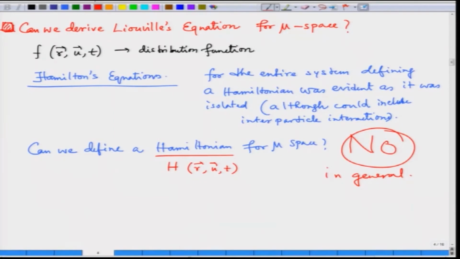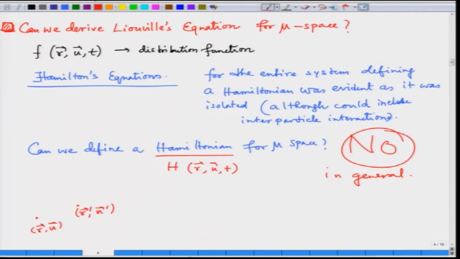Well, now try to think of a particle at r and u interacting with another particle at r prime and u prime. Those two particles may be interacting with each other.